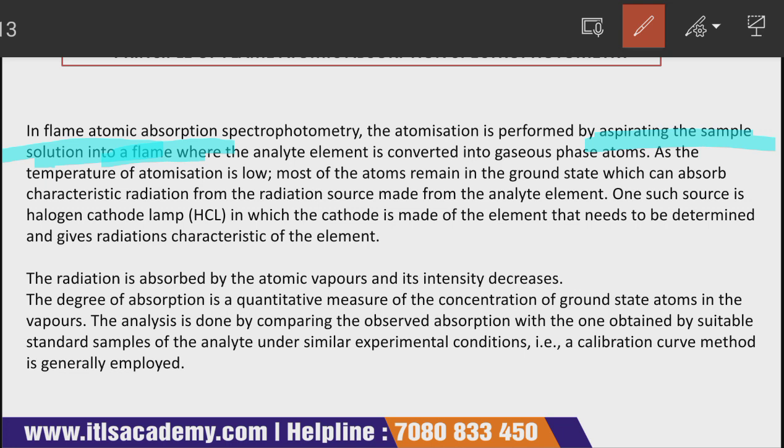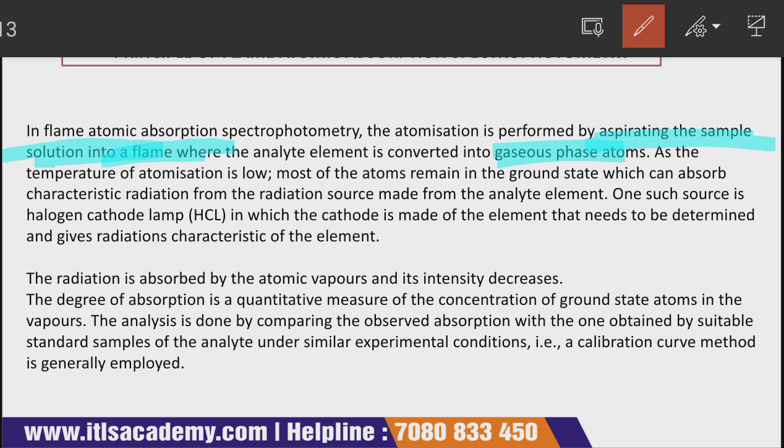So the first step is atomization, performed by aspirating the sample solution into a flame. After that, the analyte element is converted to a gaseous atom.